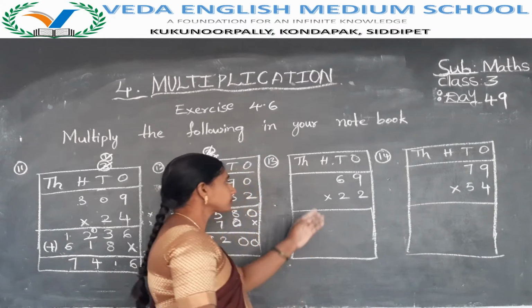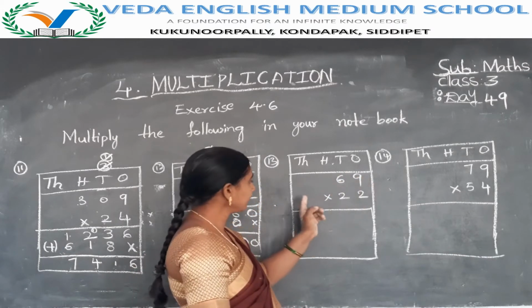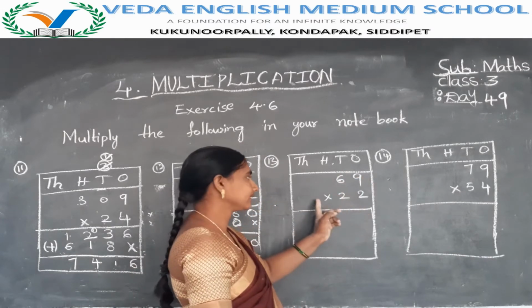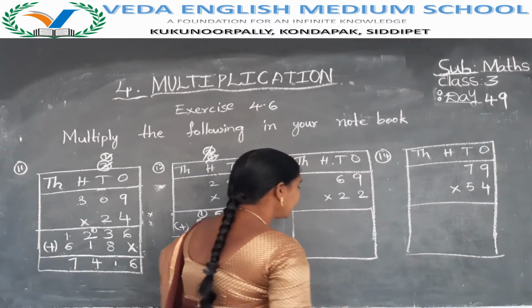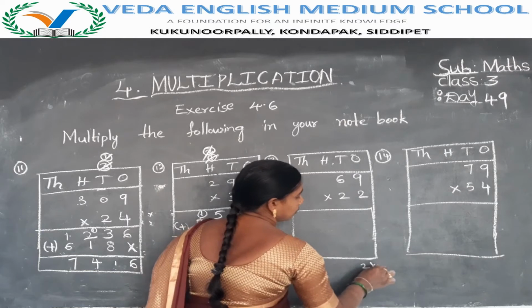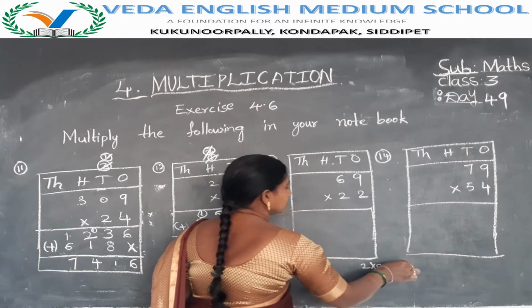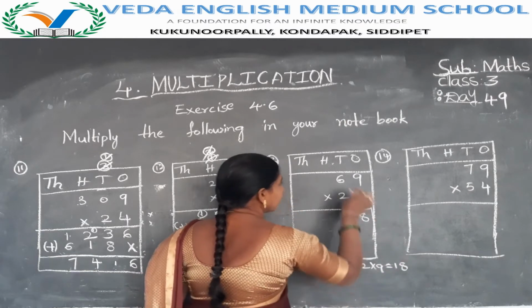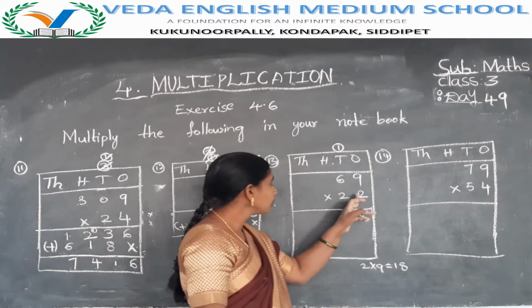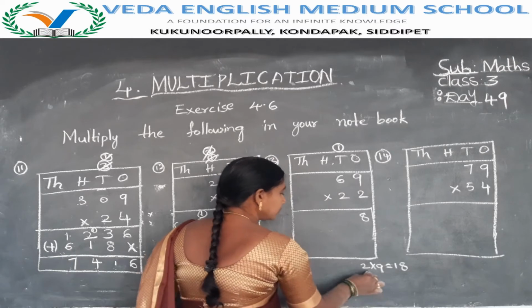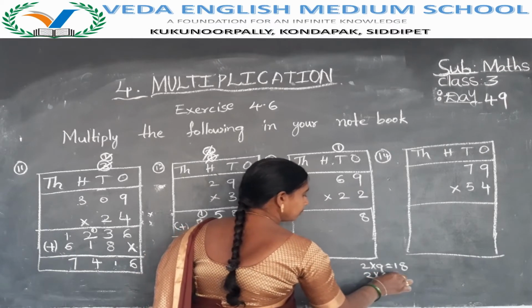Next, the 13th problem: multiply 69 by 22. First of all, 2 into 9. 2 nines are 18. So write 8 and carry 1. Next, 2 into 6. 2 sixes are 12.